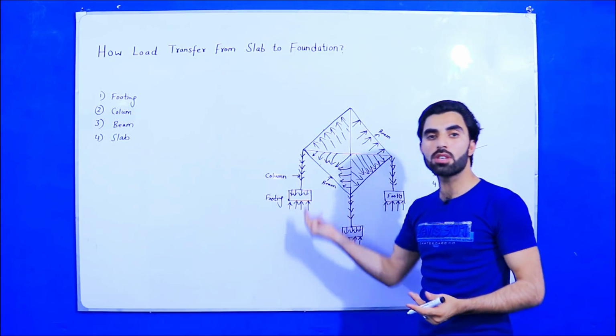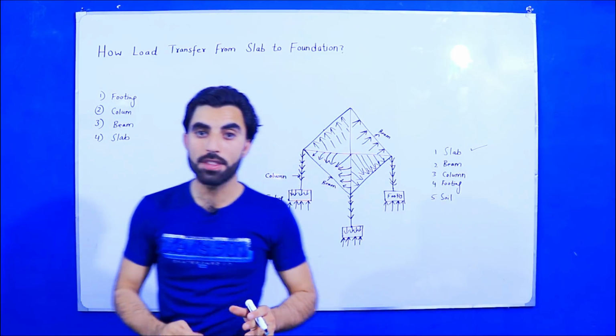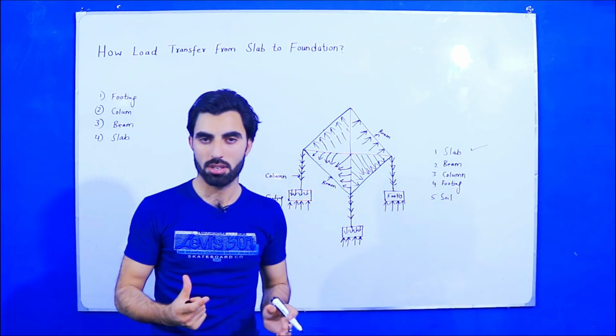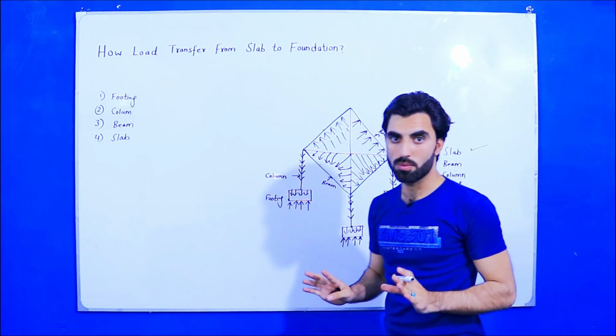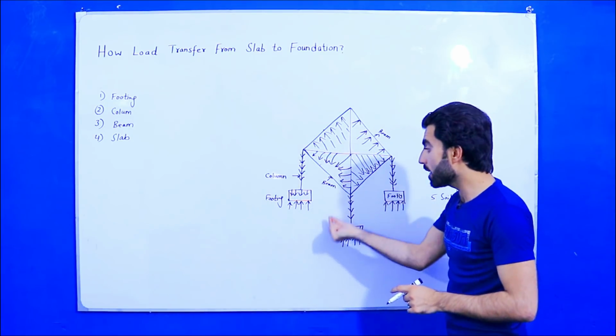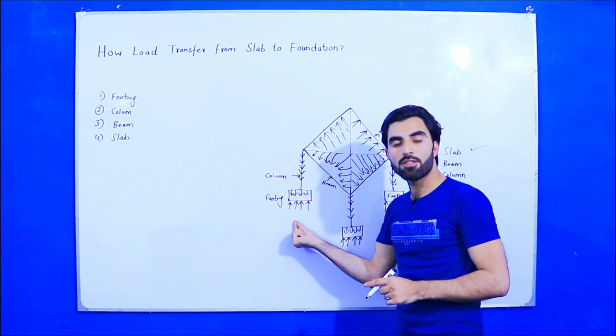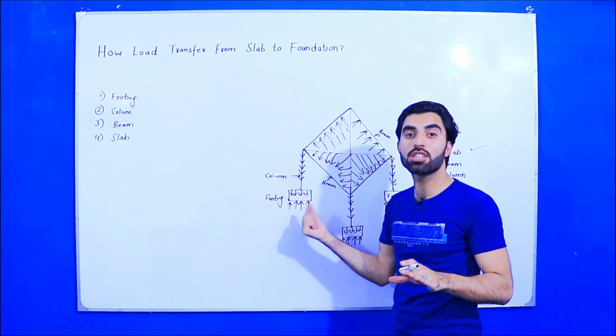So this footing transfers the load to the soil. So here is a question. If the bearing capacity of the soil is good, meaning when the applied load is less than the soil bearing capacity, the strength of soil.